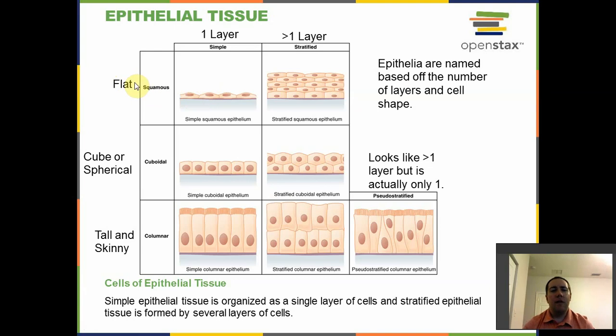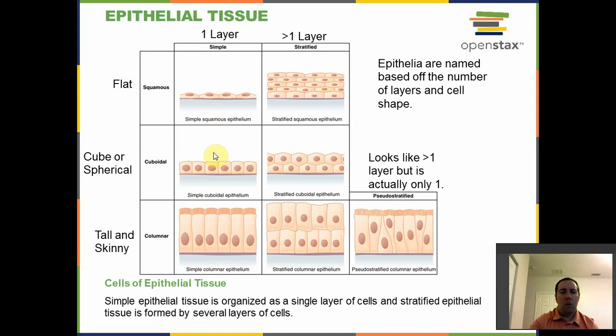So this box here in the top left is a simple squamous epithelium. It's simple because there's only one layer, and it's squamous because that layer, which by default is the uppermost layer, is flat. To the right of that, we have a stratified squamous epithelium. We have multiple layers, and the outermost layer is flat, and so it is stratified squamous.